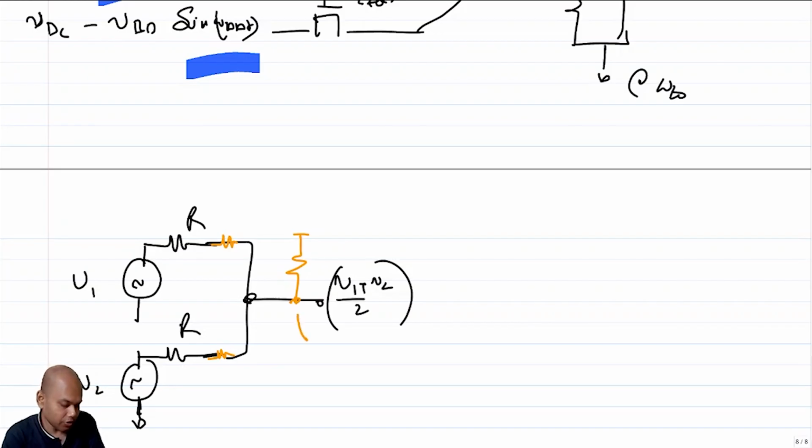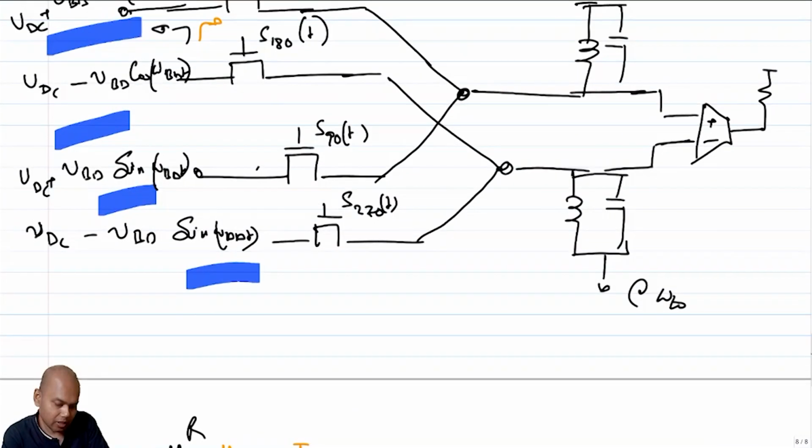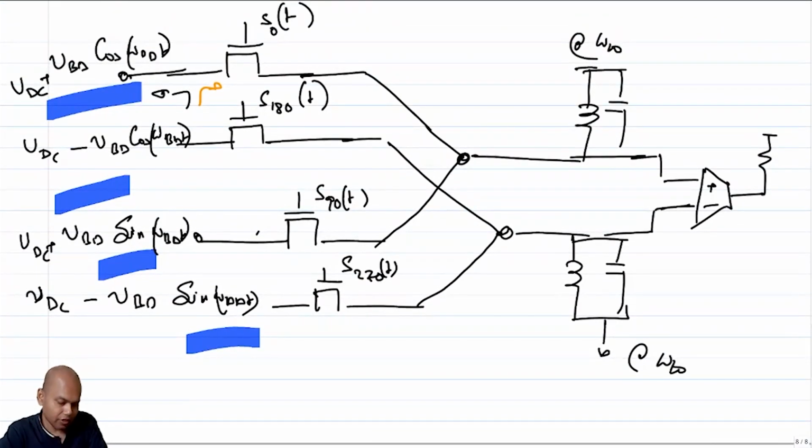Obviously this output will not be equal to (V1 plus V2) by 2. It will be something different because now you have to take the loading into account. But if this guy is at resonance, then it will effectively be equal to (V1 plus V2) by 2. But we know that it is not trivial to make perfect resonance. So there will be a Q factor associated with that inductor capacitor parallel topology. So you are going to get some loss, right?